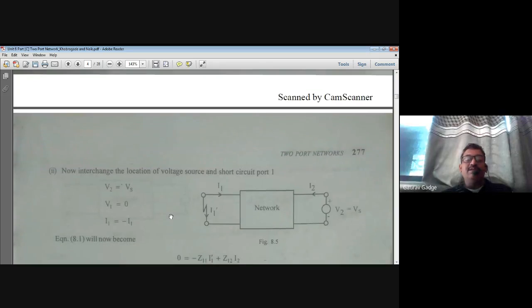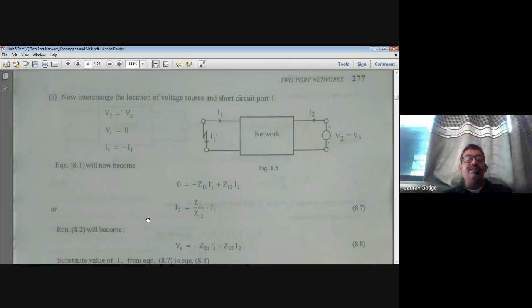Similar way, in second step, now short circuit the input port and give source voltage on the second port. What do you get? V2 is equal to Vs, V1 equal to 0, and I1 equal to minus I1 dash. It is similar to the first case.